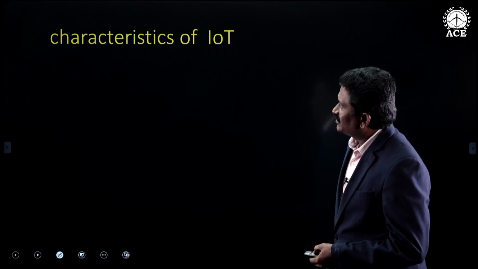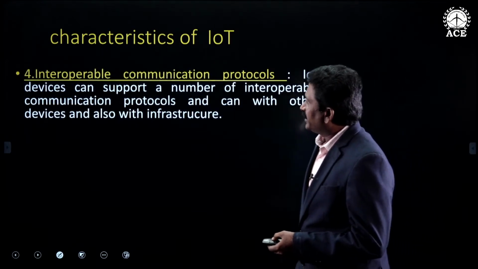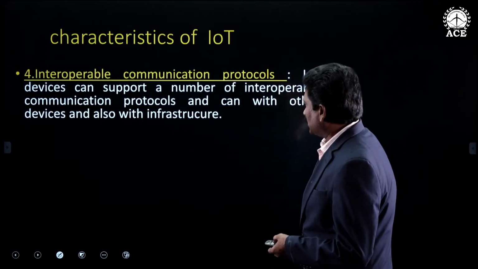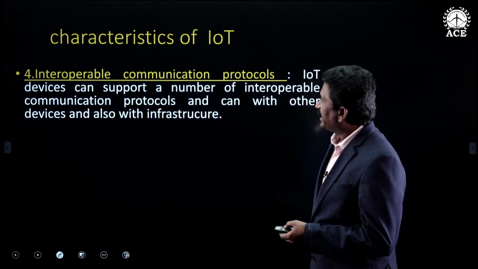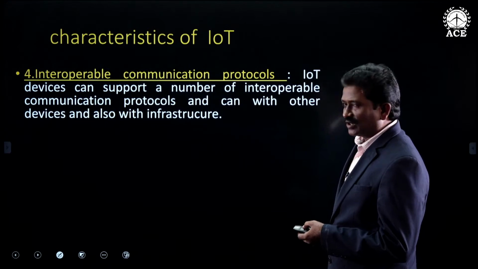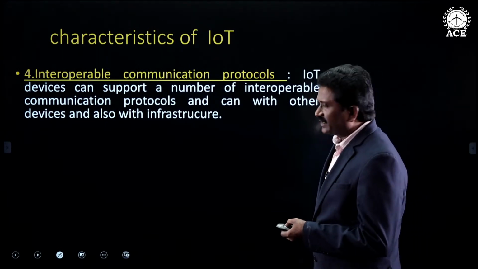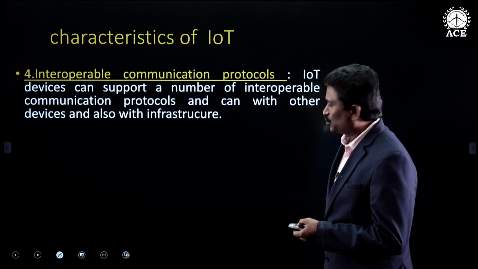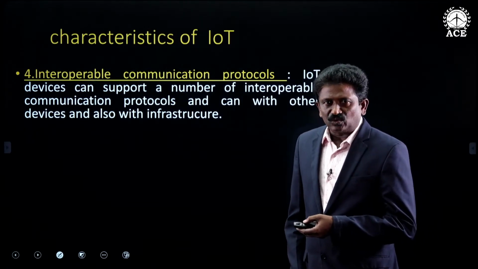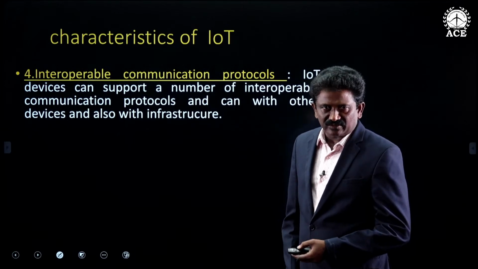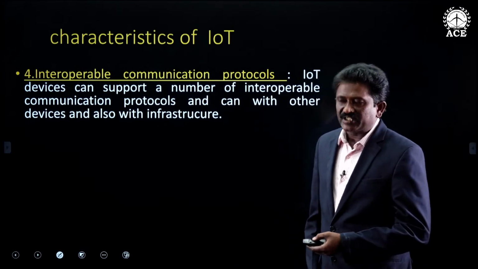Next one, interoperable communication protocols. With the help of some infrastructure, we are able to create communication protocols. Generally, we prefer to use protocols such as the link protocol, network protocols, transportation layer, and application layer.